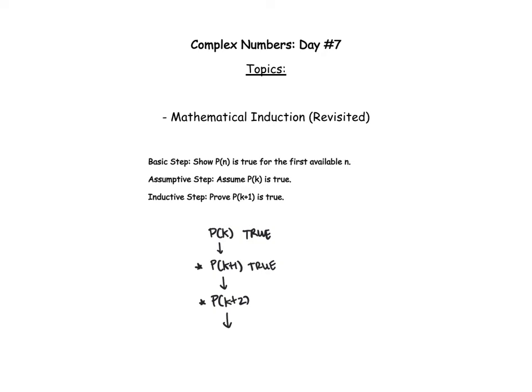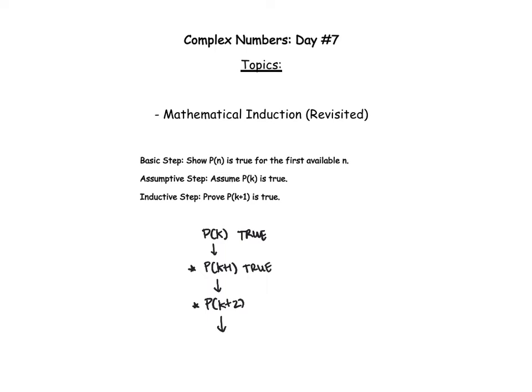So by finding and proving the inductive step, we are showing truth for the next term. And if the next term is always true, then the statement would be true for all terms in the positive integers.